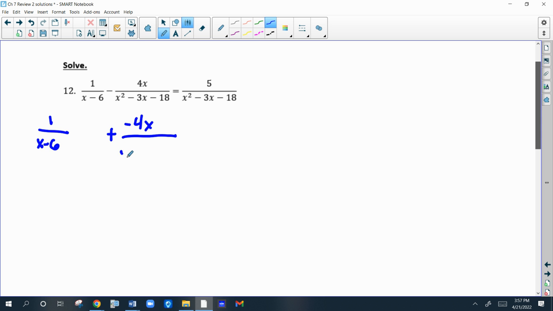Factors of 18 that add up to negative 3, x minus 6, x plus 3. And we have the same thing over here. So that's good. That means a lot of things are going to cancel.